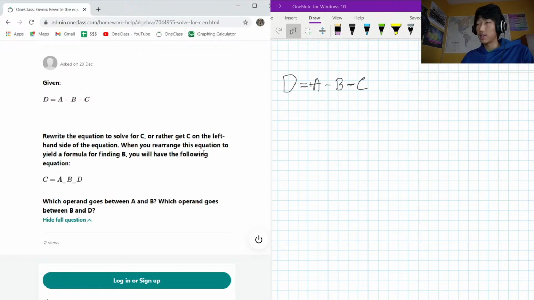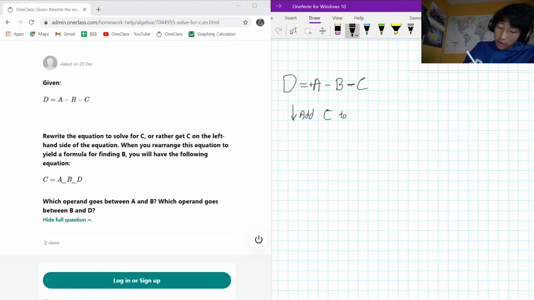When we find the equation, it's asking us what the signs are going to be. Okay, so let's go play by play to see how we can possibly do this. Imagine this: if we add C to both sides, what would we get?